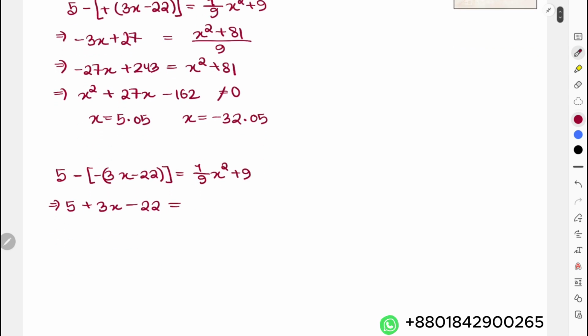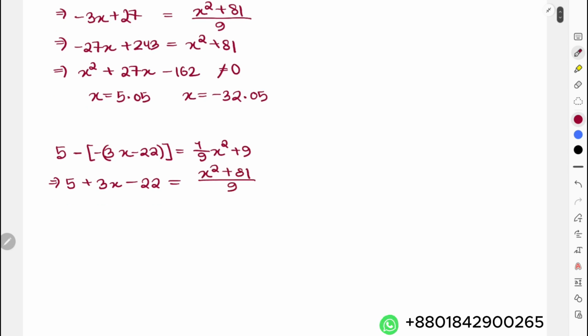Then this is it. After this, if you move on to this equation, again you get x squared plus 81 divided by 9. And this one will give you minus 17 now. So you can write this directly, minus 17. 17 with 9 leaves you with 153, and x squared plus 81.